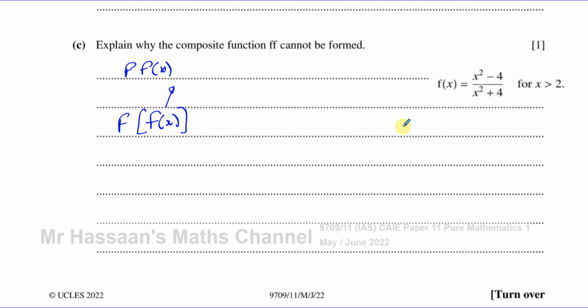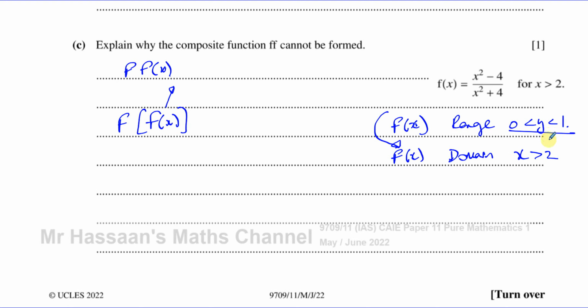So we know that for f of x, the range, as we just saw, is between 0 and 1. And we know for f of x, the domain, as we've been given, is x is greater than 2. All right, so this function has to go inside that function.